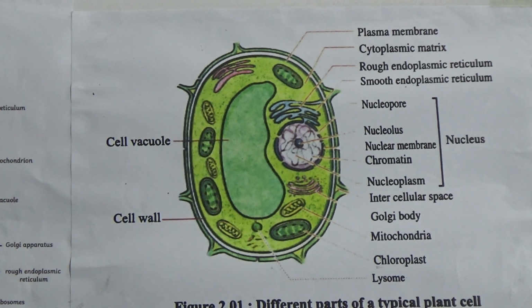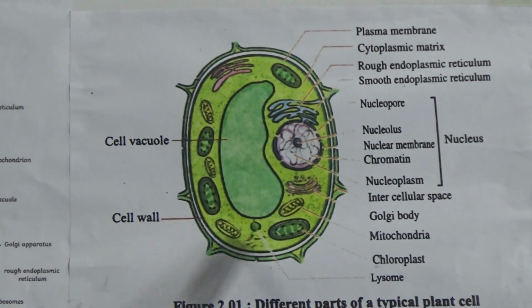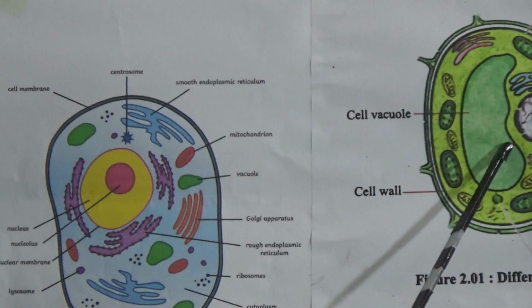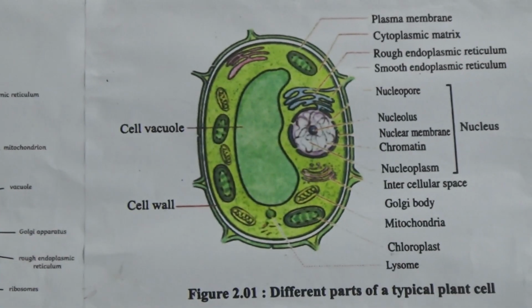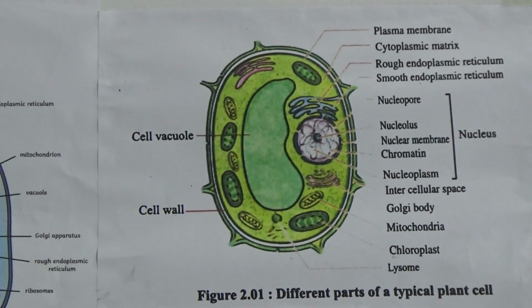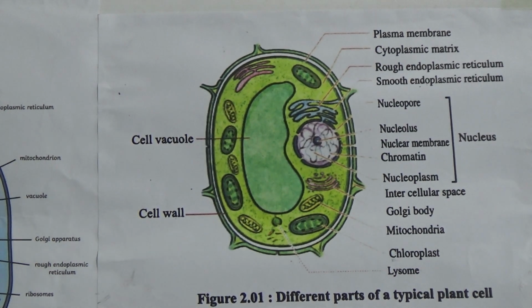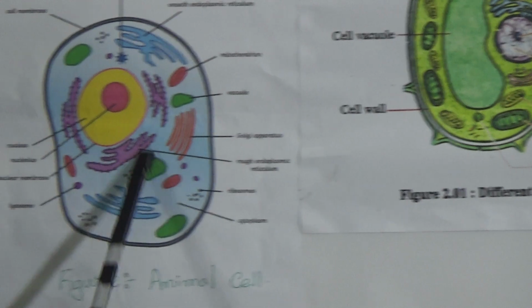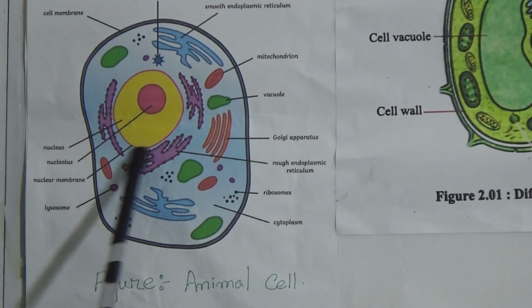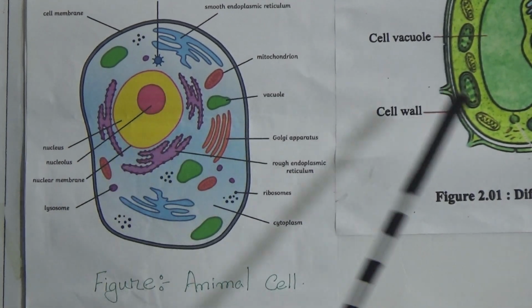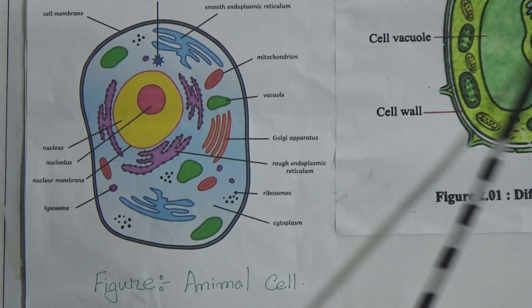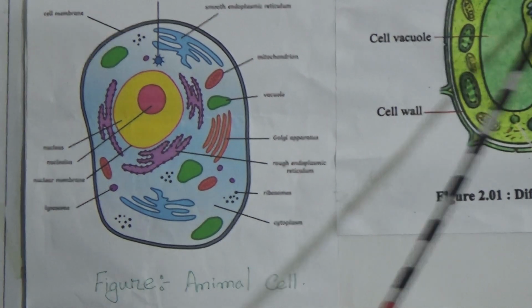You find the differences here. That means in the plant cell the vacuole is large and it is in the middle of the cell, but in the animal cell the vacuole is very small and it is on the side of the cell. In the plant cell the nucleus is in the middle of the cell, but in the animal cell the nucleus is on the side of the cell.